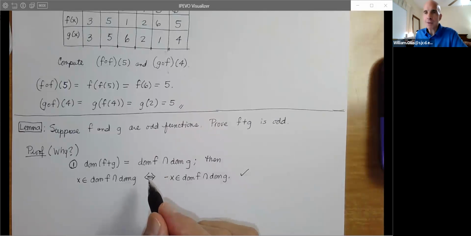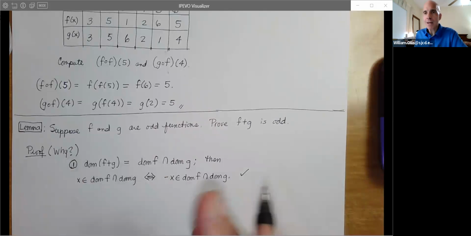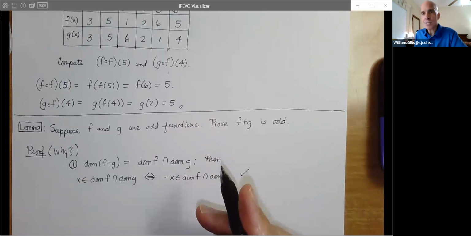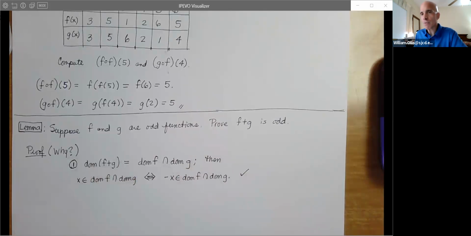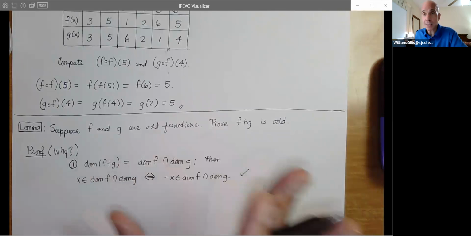I mean, if the domain was 0 to 5, then stop. That's not symmetric relative to the origin. You've got 3 in the domain, but you don't have -3. So that wouldn't even work. So this must always be checked. You can't just assume it. Usually it'll be fine, but you don't completely disregard it.